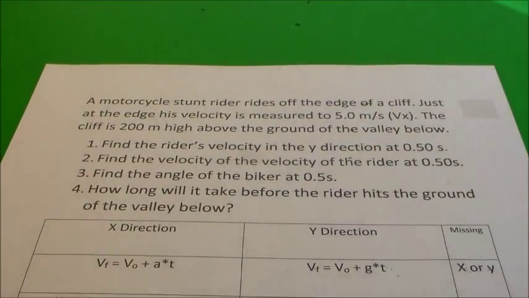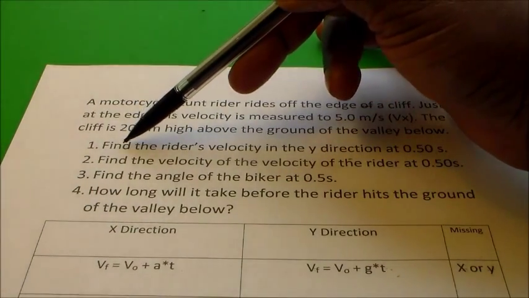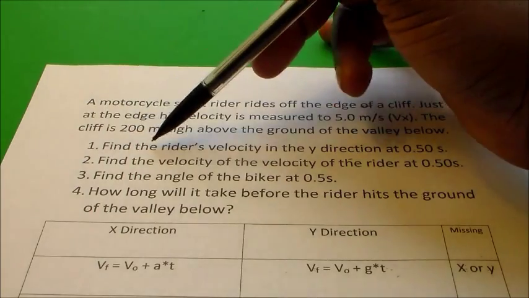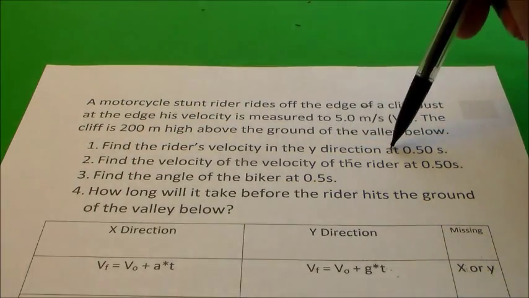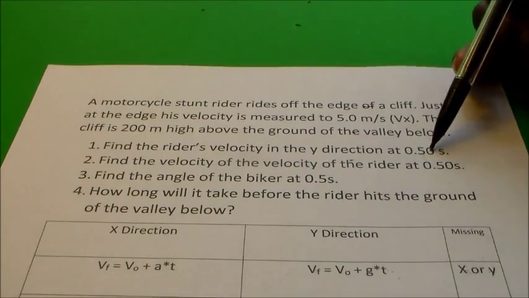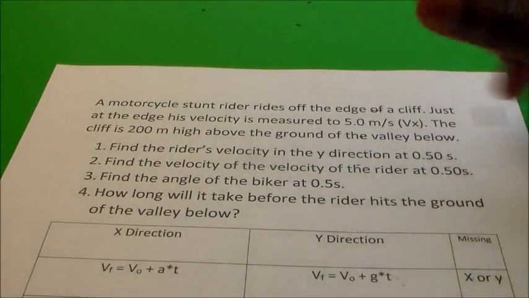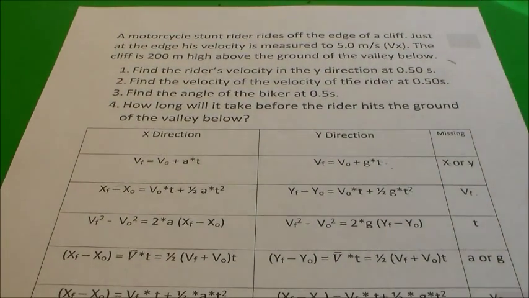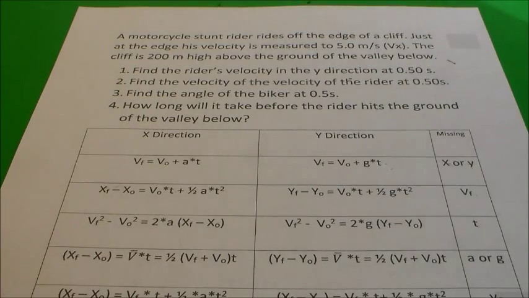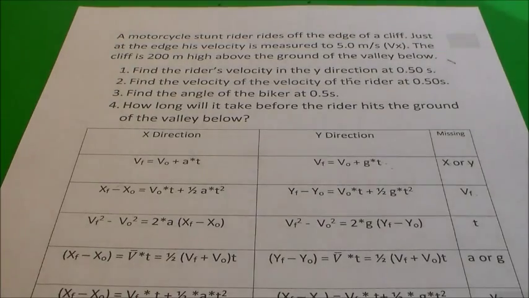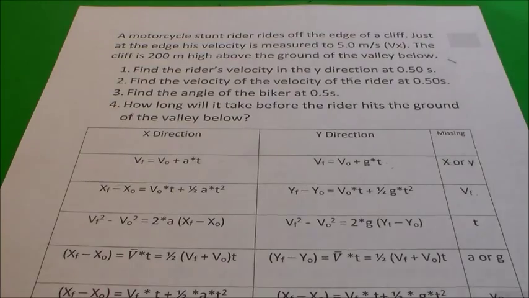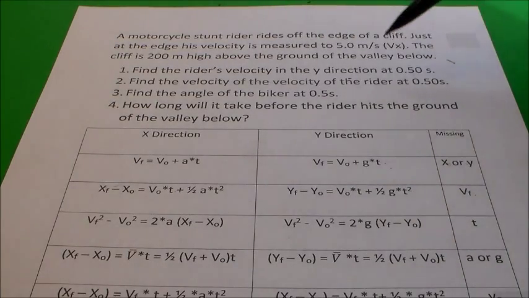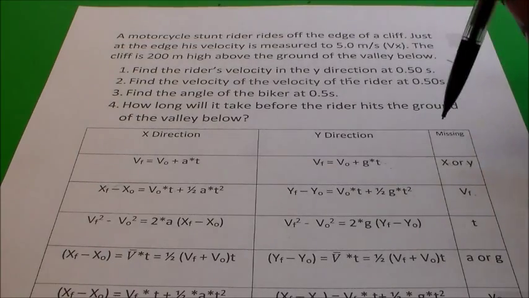Okay. So now, given our givens, let's go back and see what's the first thing the problem asks us to find. The first thing the problem asks us to find is the rider's velocity in the y direction at 0.50 seconds. Since the rider is moving in the y direction, we know that the rider's initial velocity in the y direction is 0.